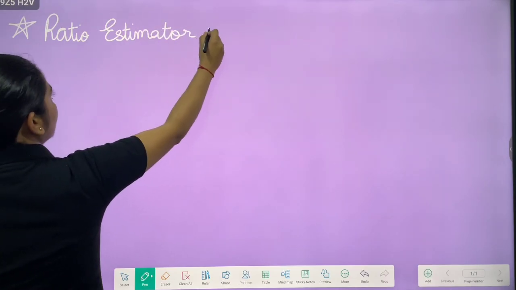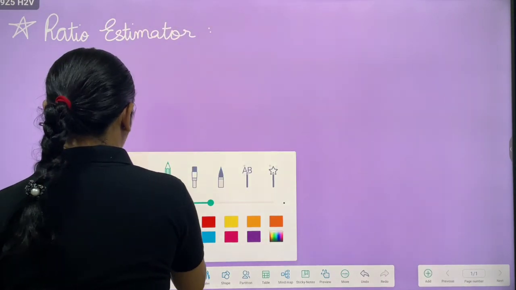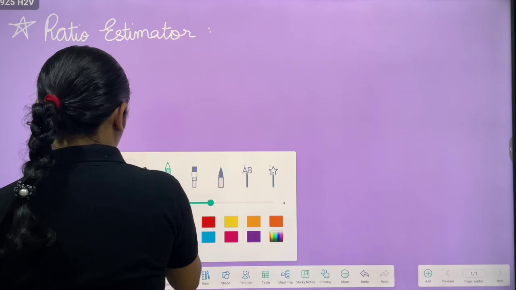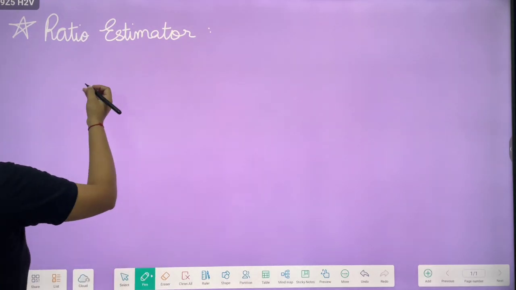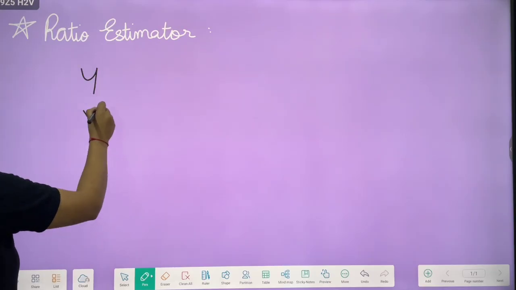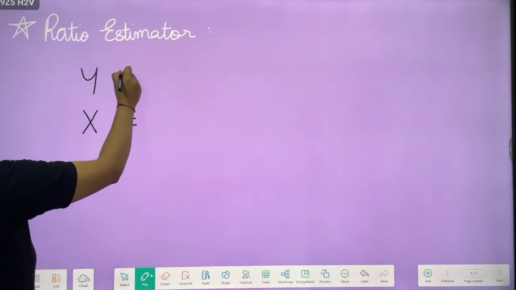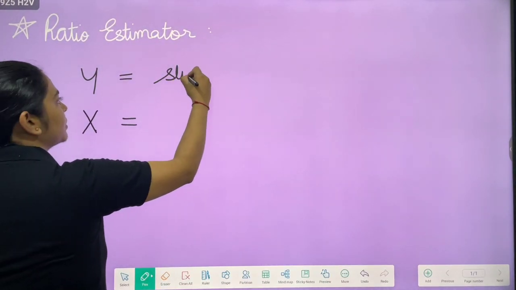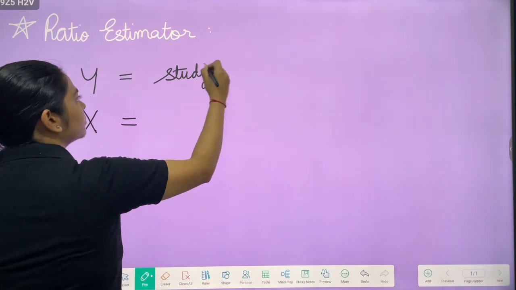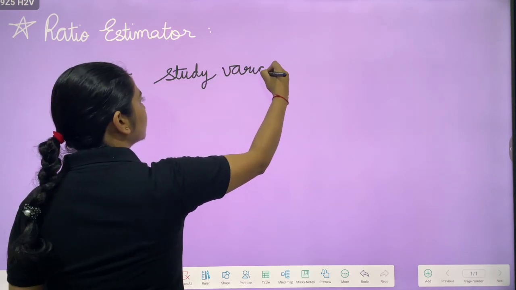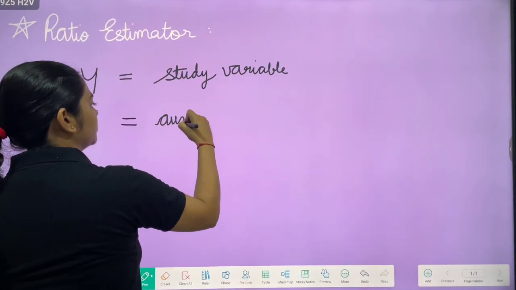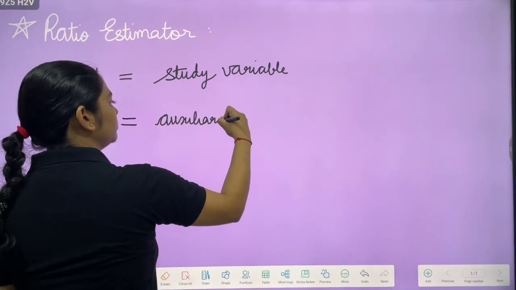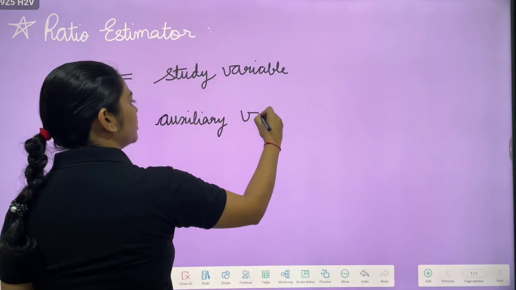In ratio estimator, let us suppose y and x are two variables, where y is the study variable and x is the auxiliary variable. What is an auxiliary variable?